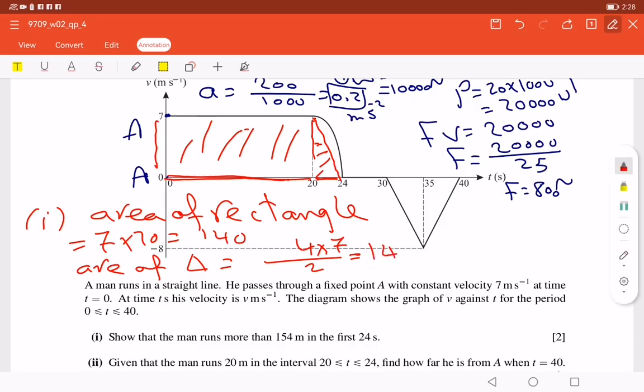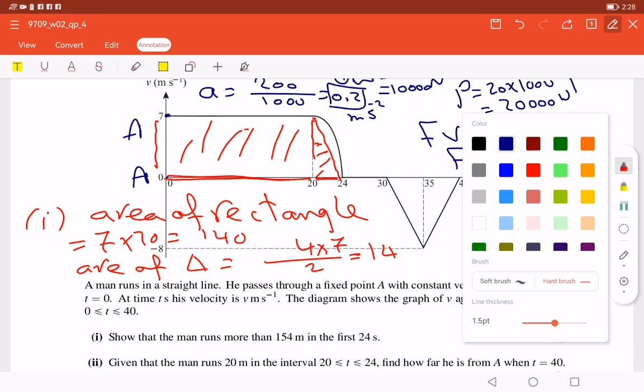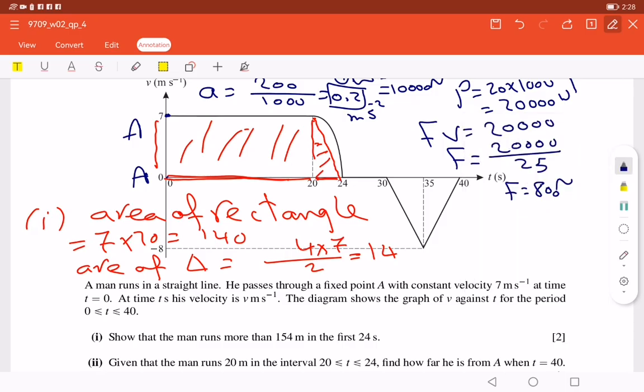What does it mean? It means the area of this rectangle and this triangle will be equal to 120 plus 140 plus 14 equals 154.